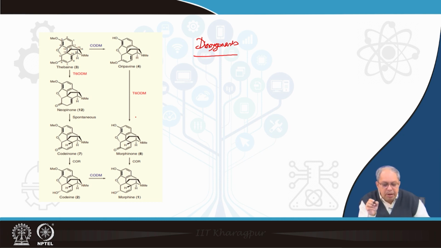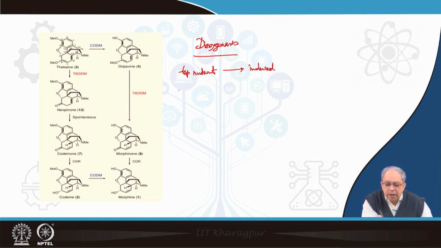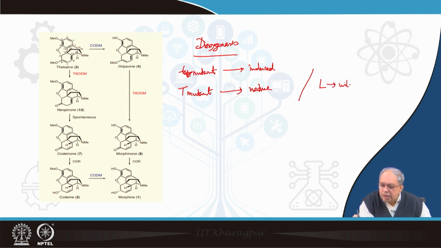Now, what I have not specifically mentioned is how they used the functional genomics approach. The interesting point is this, if we compare with the top 1 mutant, the top 1 mutant is an induced mutant, it was not found in nature. Here they discovered a mutant which is called the T mutant. So, the T mutant was found in nature, and the other one, the normal wild type, was called the L type.